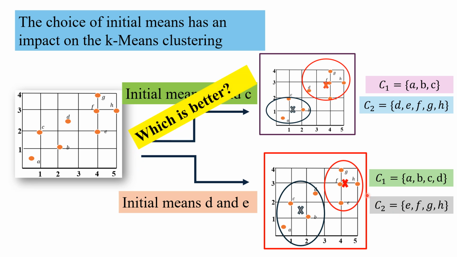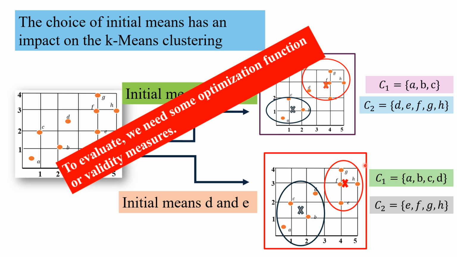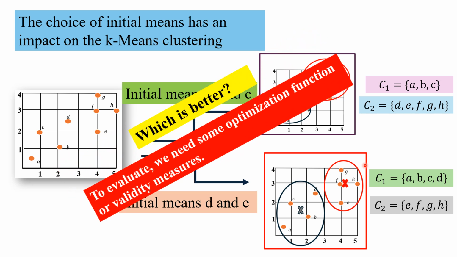We started with an arbitrarily chosen set of means and got 2 different sets of clusters. C1 in the first case has 3 points and C2 has 5 points, while in the second case both the clusters have 4 points. So we need some kind of optimization function or validity measure to find out which is the better clustering. This we shall do in our next video.